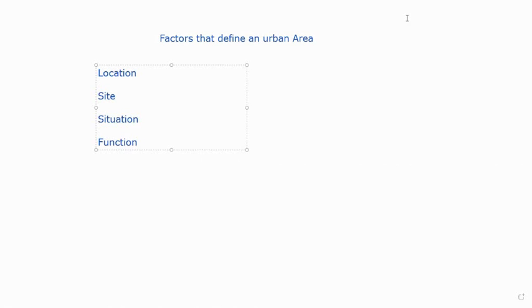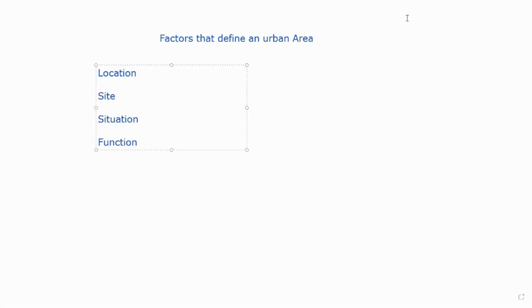So that is the main defining factor of that urban area. And there are some urban areas where function may be the production or supply of raw material.